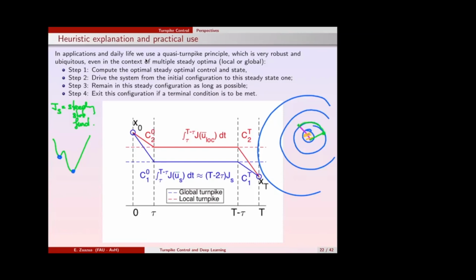But if the second ring is also very crowded, maybe the taxi driver will get to the third ring, will evolve along the third ring, and then drive you to the destination. But even if the third ring is very busy, then he will go to the fourth ring and will do this. So you as a passenger, right, will be very surprised.